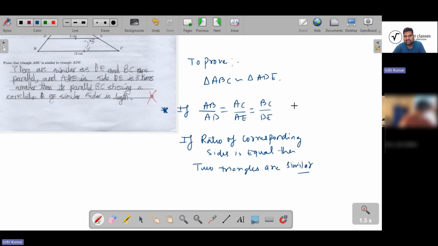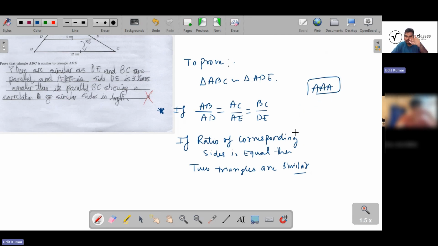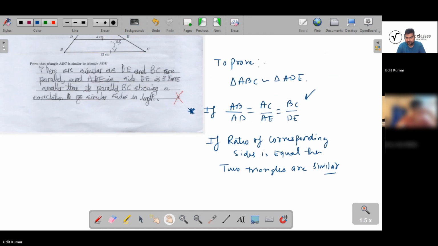And this condition itself is called side, side, side. If you are also able to prove that the three corresponding angles are equal, then also you can say two triangles are similar. So either you show this or you show that the corresponding angles are equal.